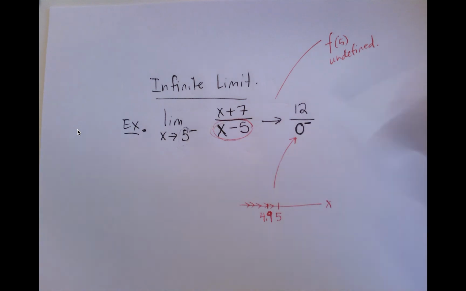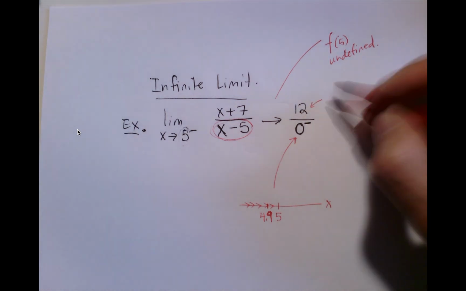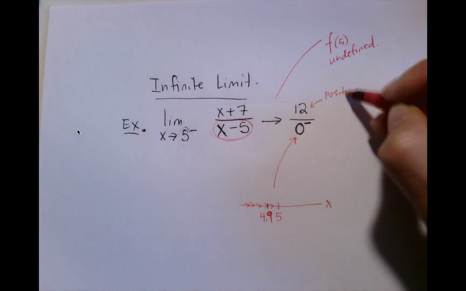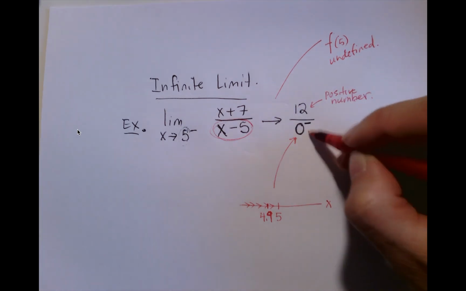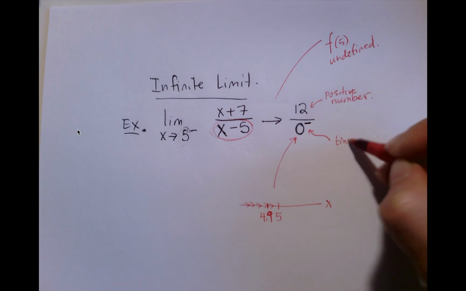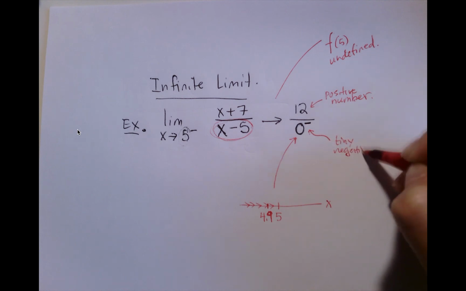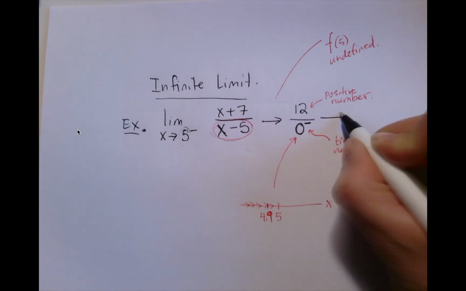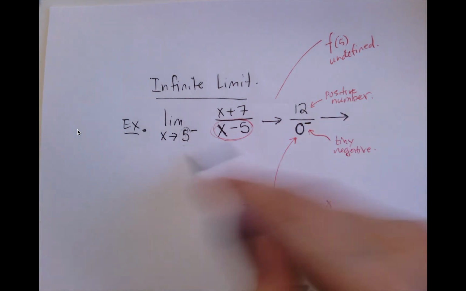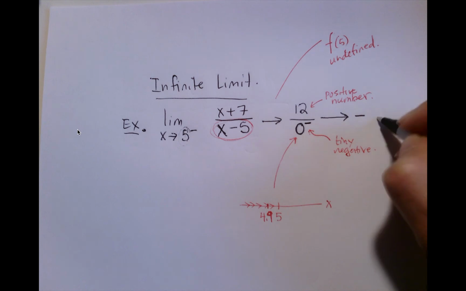So when we take a positive number and we divide it by a tiny negative number, the result is a huge negative number. And so in this case, we can see that the limit is negative infinity.